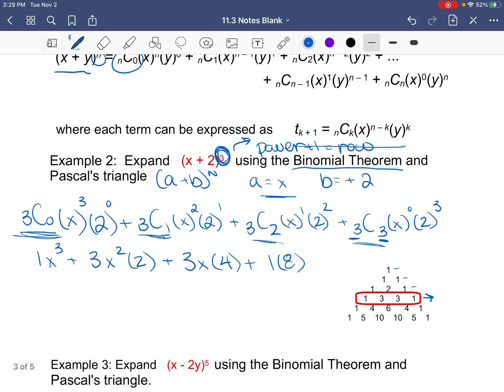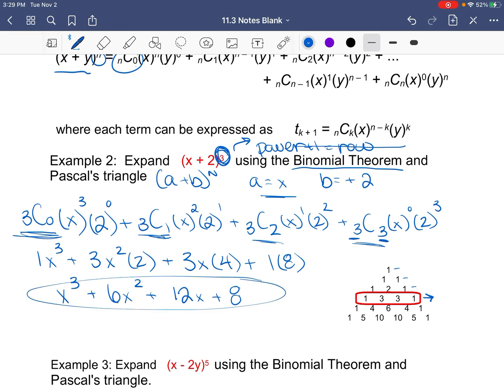Simplifying to give us our nice pretty look: x cubed plus 6x squared plus 12x plus 8. Sometimes it's a lot of work to actually multiply a cubed out. Using Pascal's triangle or the binomial theorem, we can get our answer pretty quickly.